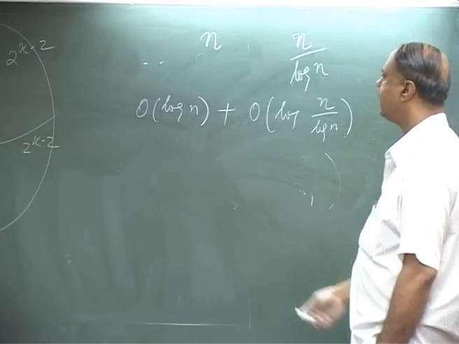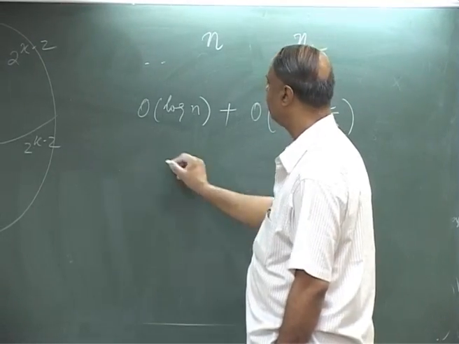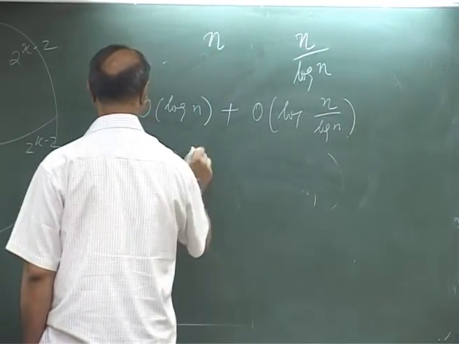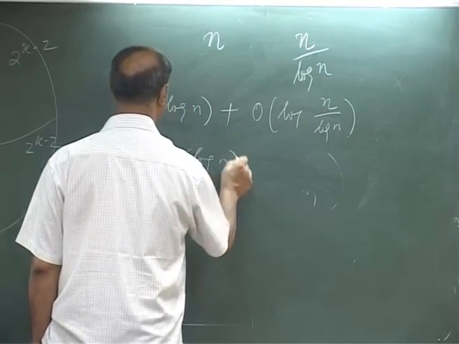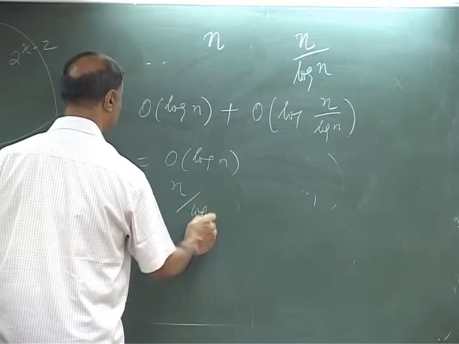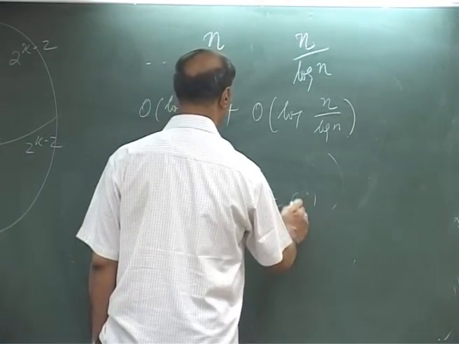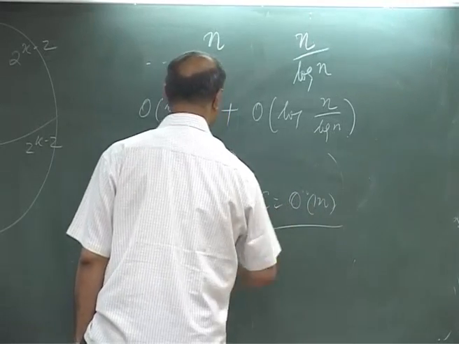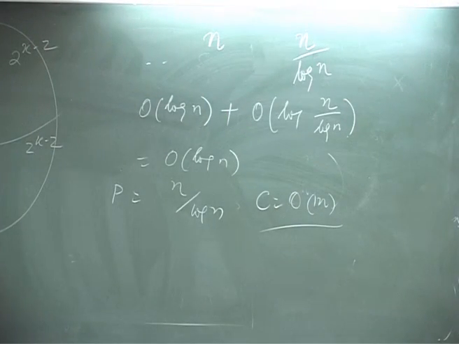So this takes order log n time, and you have used n by log n processors. So cost is order n, which is cost optimal to find the sum of n elements using n by log n processors on Hypercube.